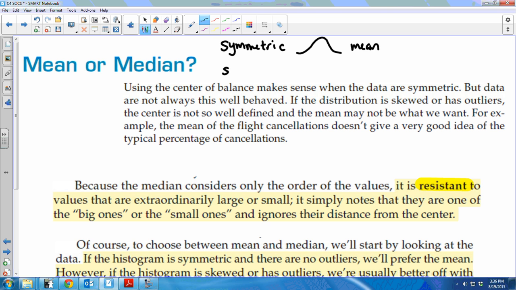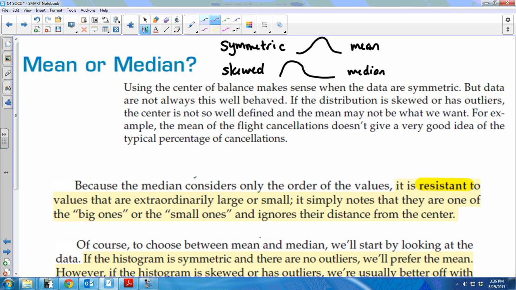If you have skewed data, however, you want to use the median, because the median will be in the literal center of the data, whereas the mean could be pulled up or down by the tail of the data. Okay?